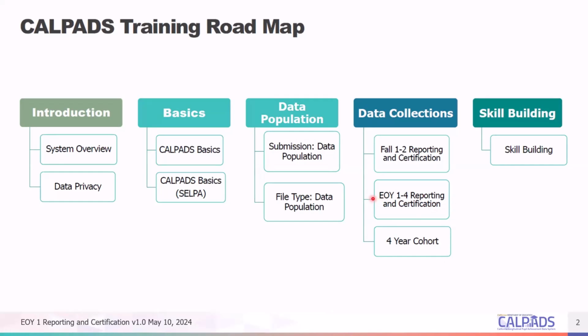It is really a soft prerequisite, but it is a great idea to attend the data population sessions or to watch the video recordings of the data population sessions in YouTube before attending the reporting and certification trainings. We are currently building out the skill building courses, which will be designed to develop targeted CalPads competencies and skills.